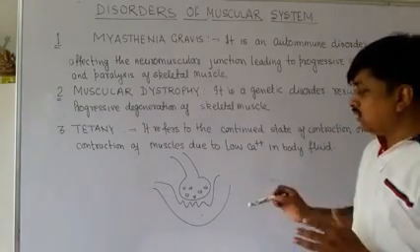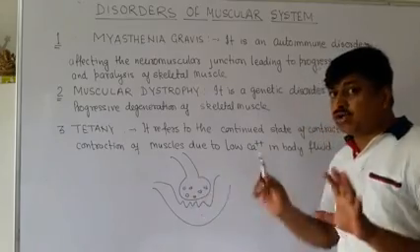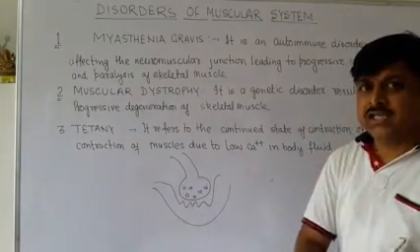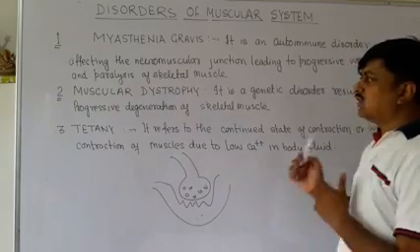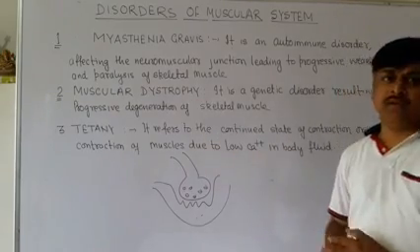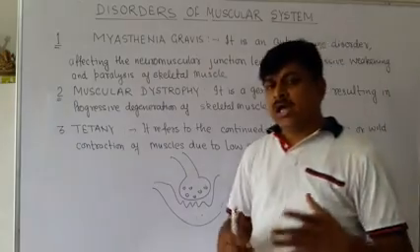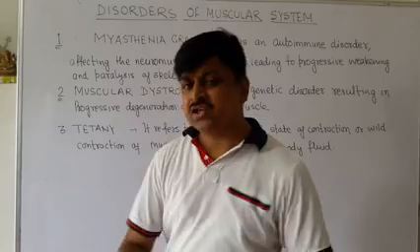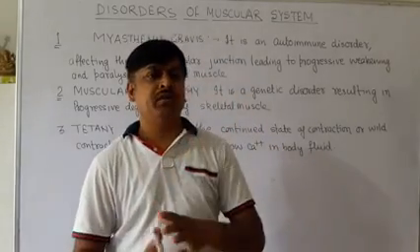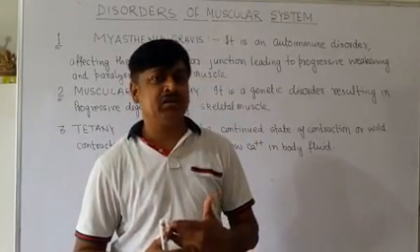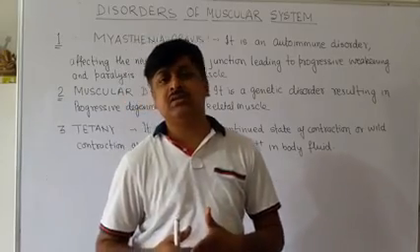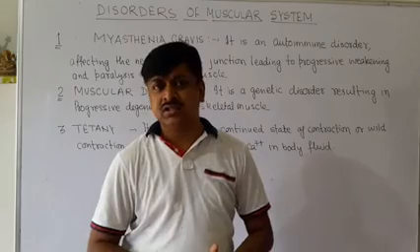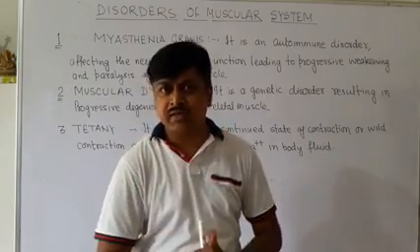So this is purely related to the neuromuscular junction. Now the second one is muscular dystrophy. Muscular dystrophy is again a muscle disorder, but it is a genetic one. In board examinations or competitive examinations, this question is often asked. So you have to be specific.